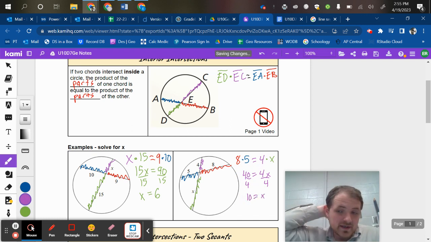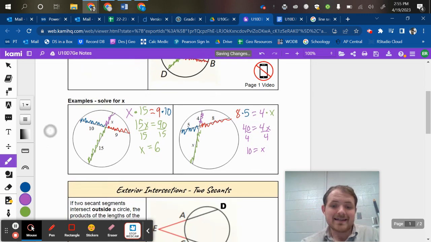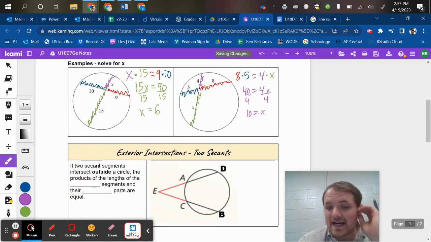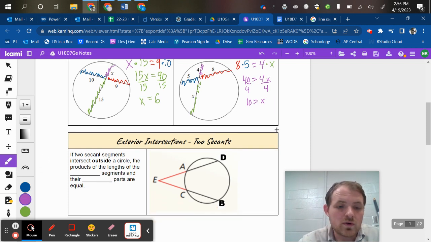Now the next situation we're running into does not have that intersection on the inside. It is now on the outside, and specifically, it's 2 secant lines. So the relationship here is that we're going to do the whole line times the external.